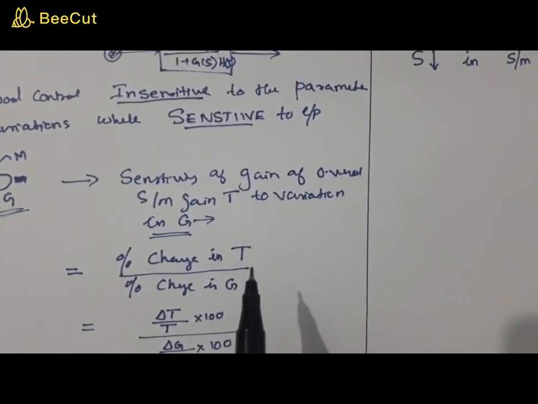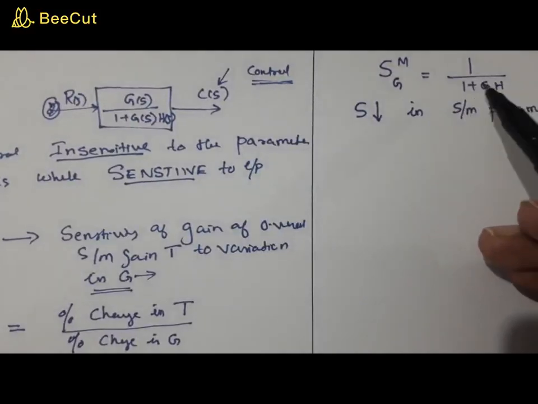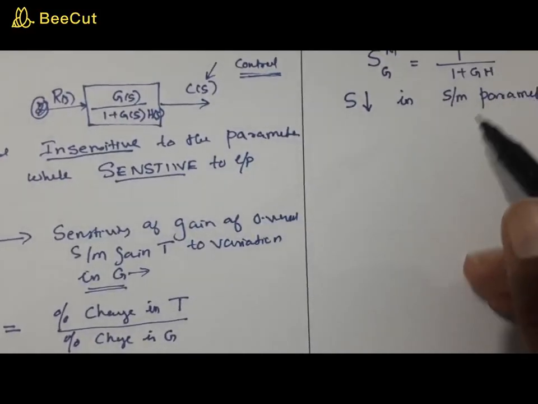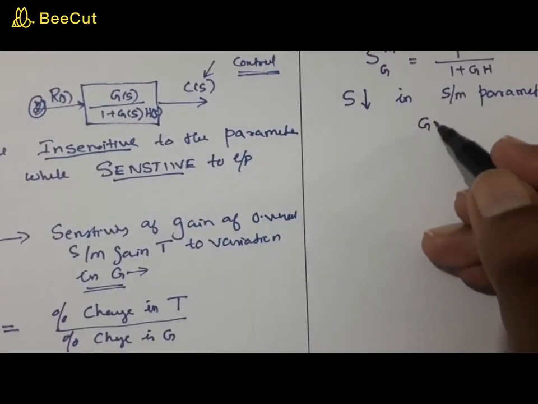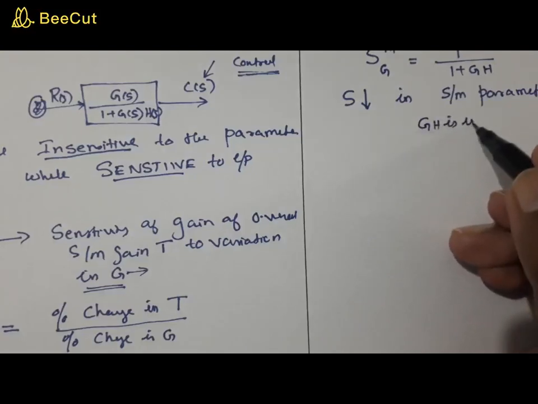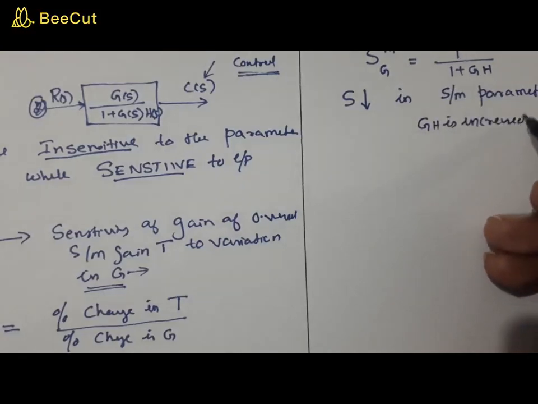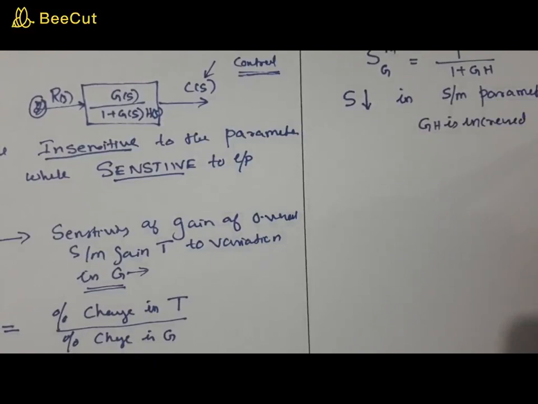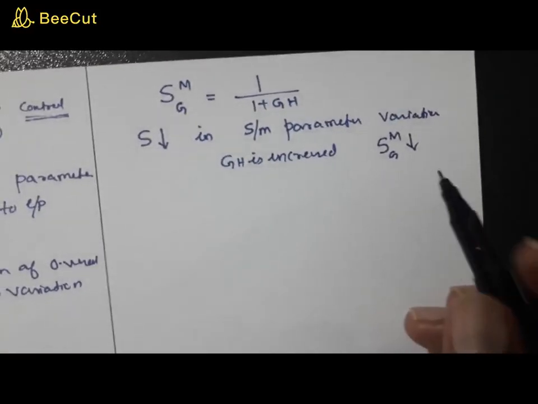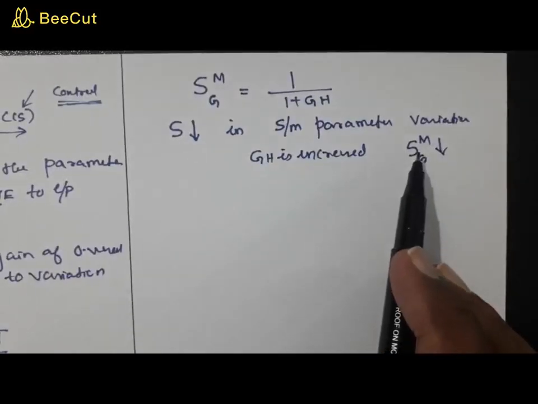So how to reduce it? By using this term, you can come to a conclusion: what happens if GH is increased? If GH is increased, you can reduce this S_G^M, and that's what we require, right? As for the control system, we require this.